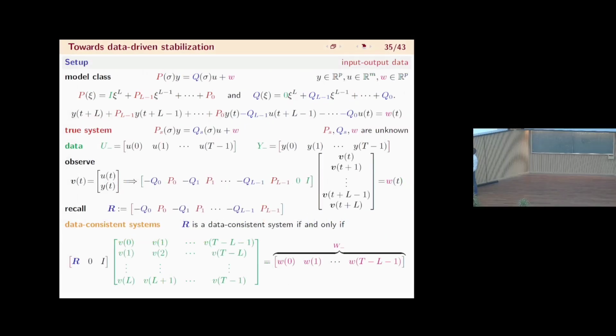What does this 0 do? 0 identity multiplies the last block here. What is this last block?